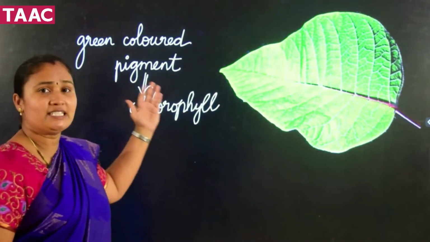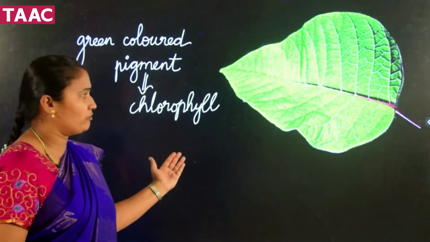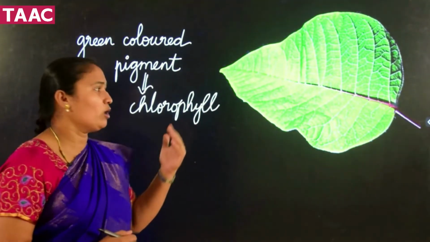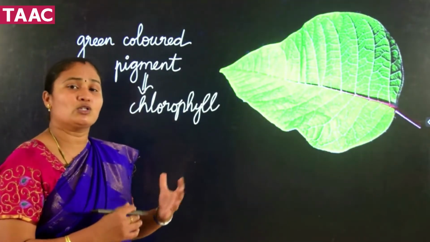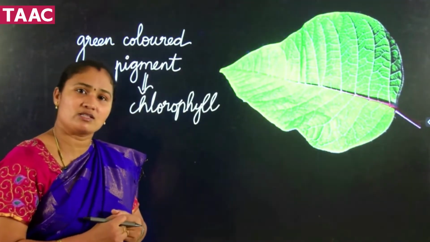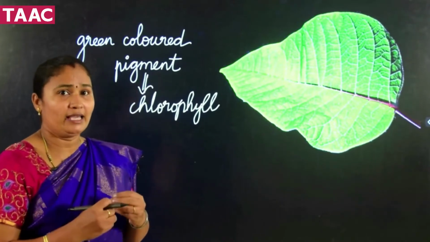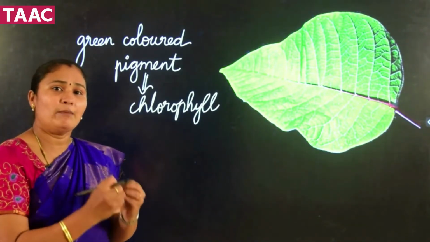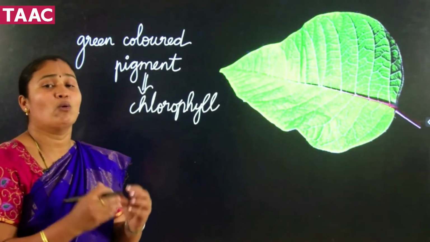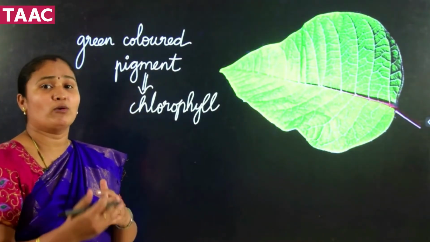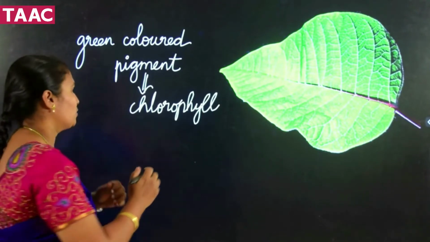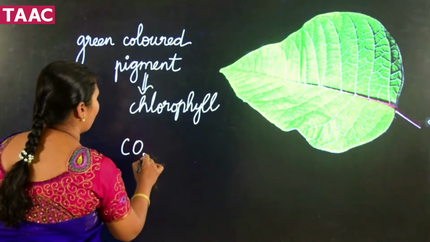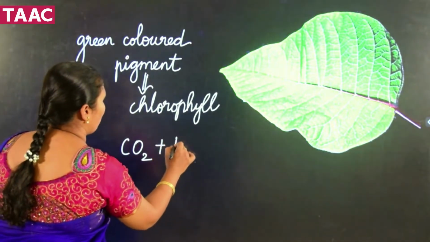Because of the chlorophyll, the leaves appear green. What is the role of chlorophyll? This chlorophyll is also a very important factor for the process of photosynthesis. Why? Because chlorophyll helps to combine carbon dioxide and water.